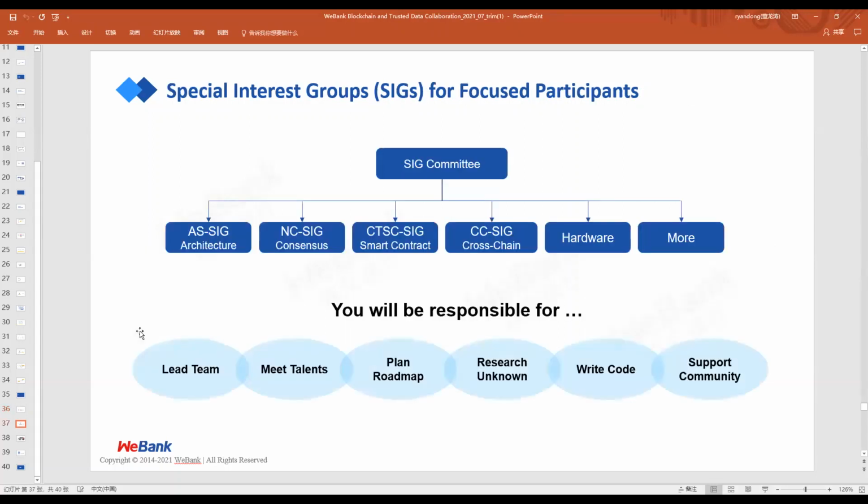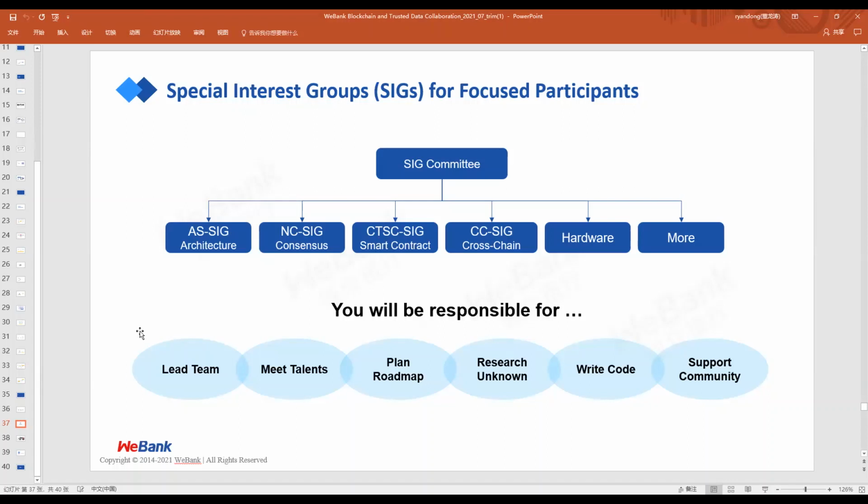We think it's a very important move, and we need to help people find the topics they are interested in and can contribute to. So the idea is that we are forming special interest groups for those focused participants. Some people may be interested in architecture, consensus, smart contracts, and very different topics. I believe it will be more valuable for them to focus on what they really want to do.